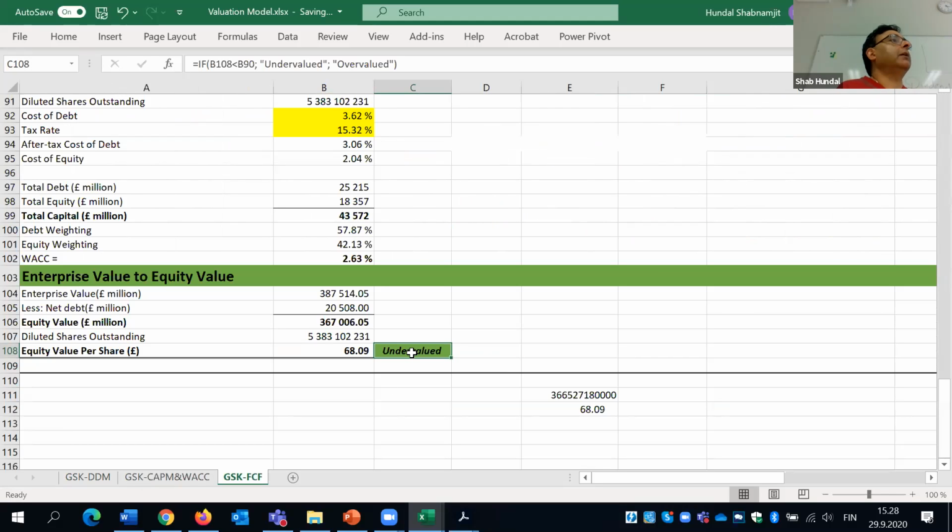So overall, we have two alternative techniques. One is historic, this one, and the other one is futuristic, the previous one. But both have one common conclusion, that GlaxoSmithKline stock is undervalued.